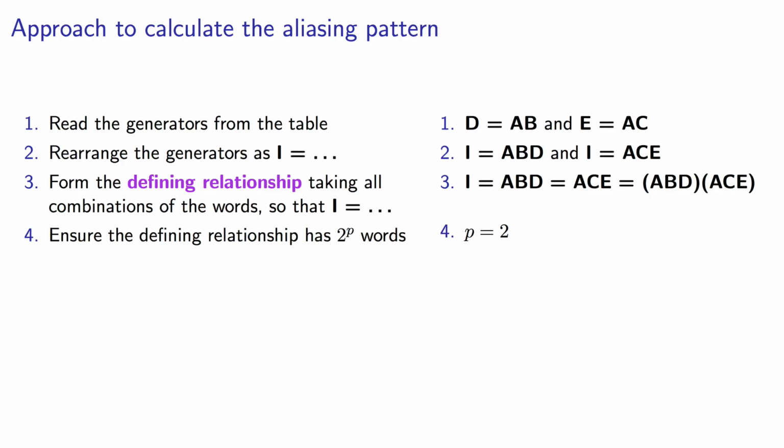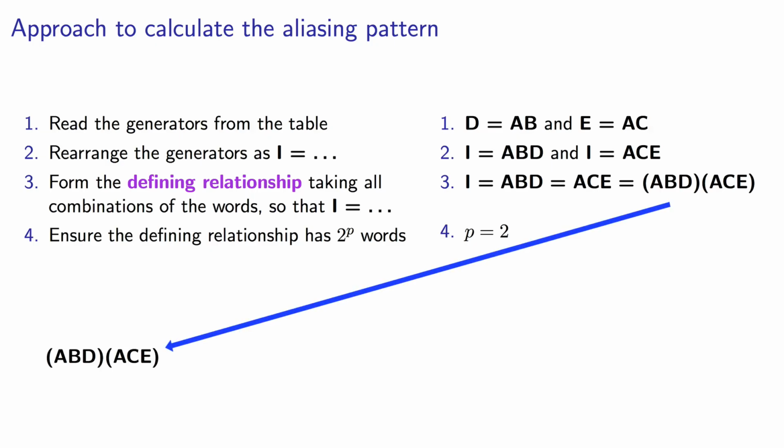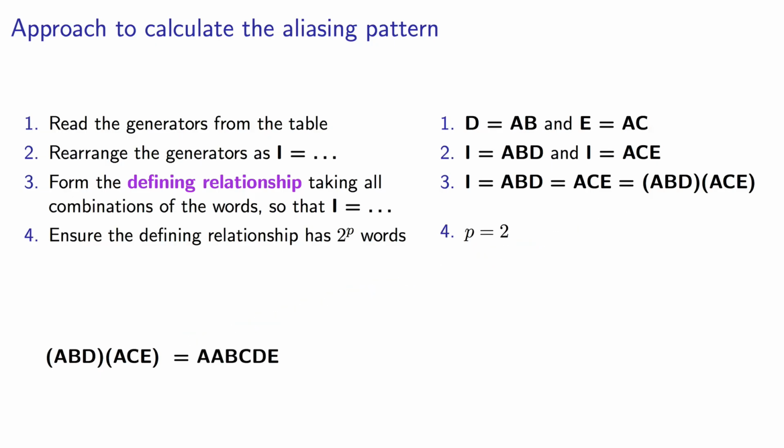Well, since we only have two words, we can do this by combining ABD with ACE. Now let's rearrange that and regroup our letters, AA, B, C, E. Next, we can use the rule that two sequential letters are equal to their identity. So that in fact becomes I, B, C, D, E.